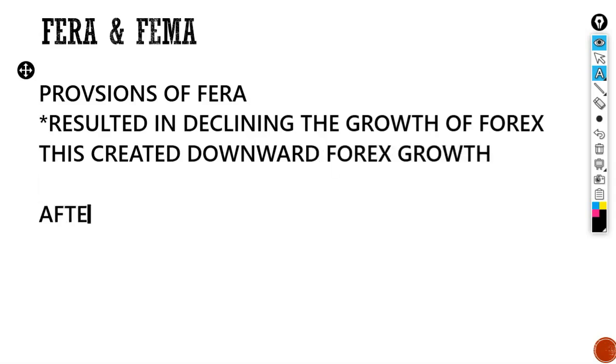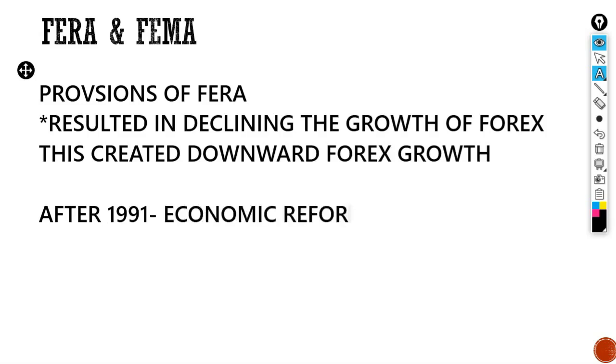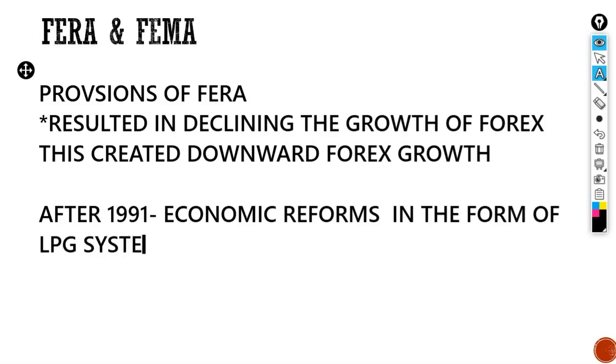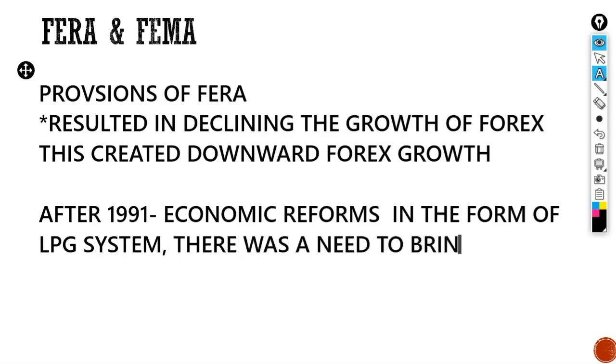Thus, after 1991, that is after economic reforms, that is in the form of the LPG system, there was a need to bring a liberal law.